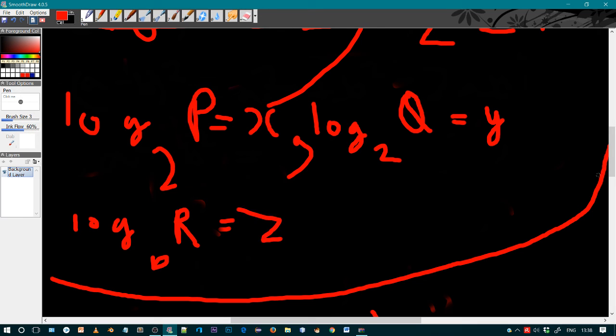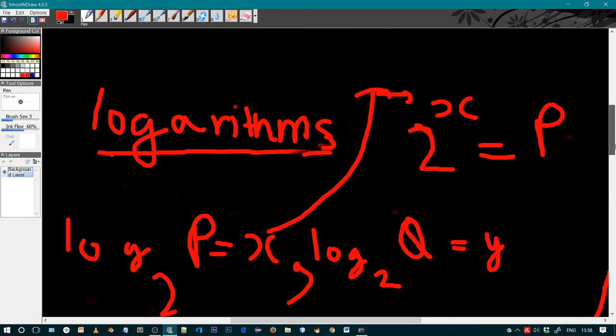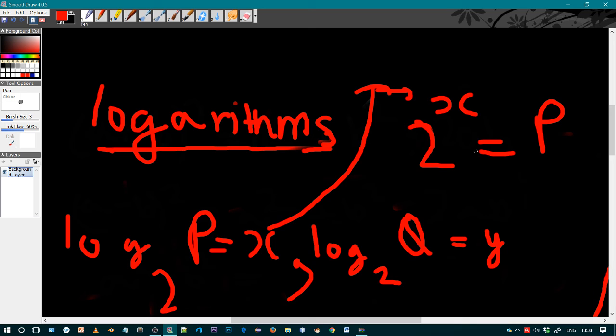So we have to write this in terms of x, y, and z. So 2 to the power x is equal to p, that is established. Then 2 to the power y is equal to q, agreed.